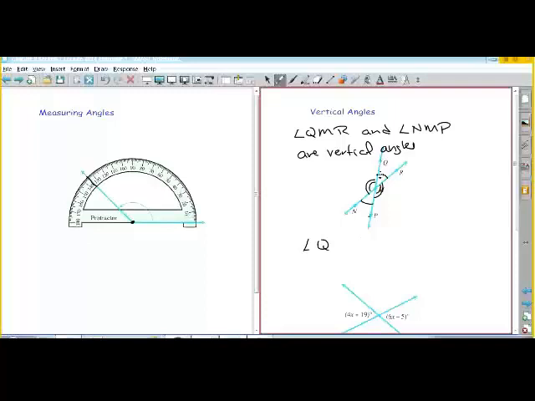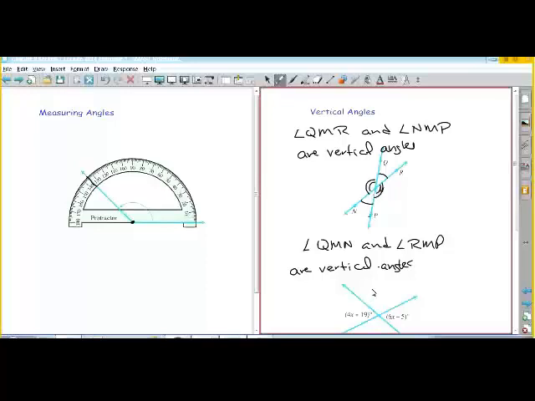Also, you can look at these other two. You have angle QMN, and the angle on the other side is RMP, are vertical angles. So when you have two lines that intersect, you have two angles that are opposite each other, and those are equal to each other. And you have two other angles that are opposite each other, and those are equal to each other. And those angles are called vertical angles.